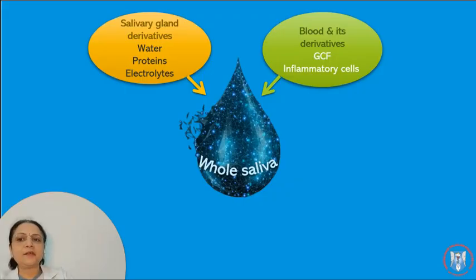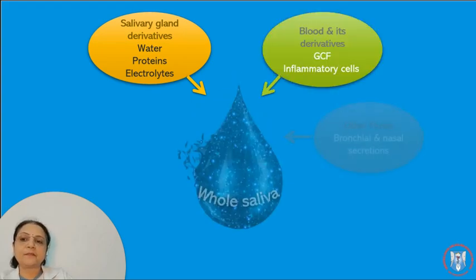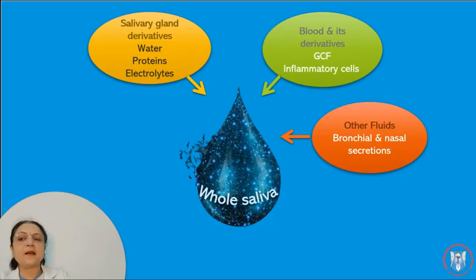This mainly comes from the gingival crevicular fluid and also includes inflammatory cells. Other body fluids like bronchial and nasal secretions also contribute to the formation of saliva, and these secretions can be detected in saliva.